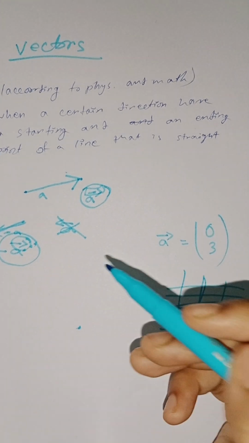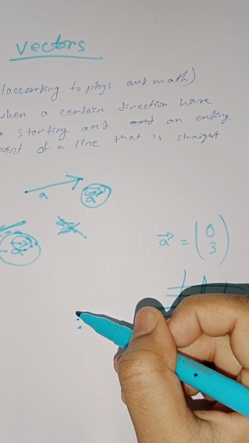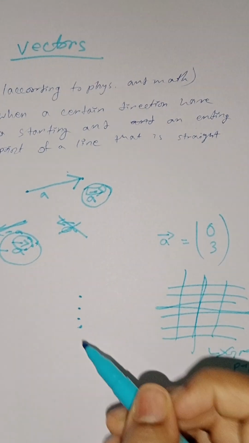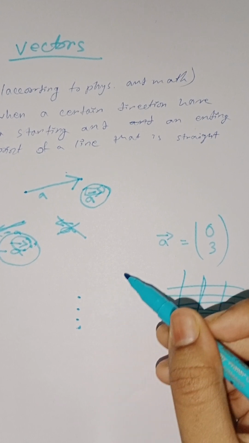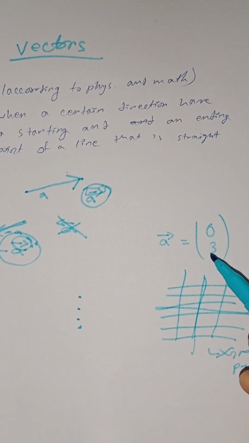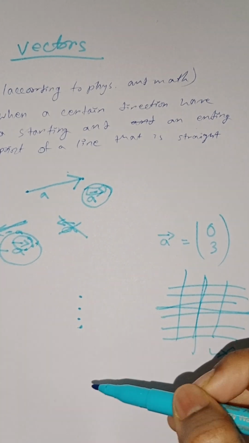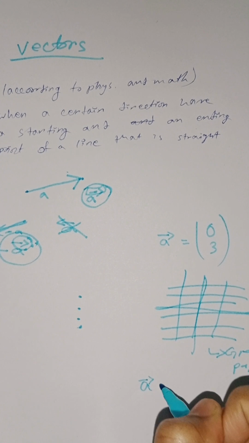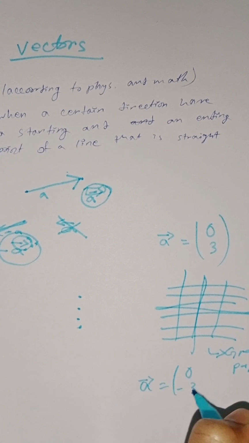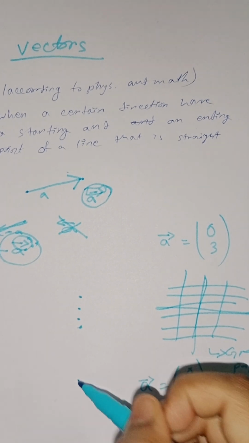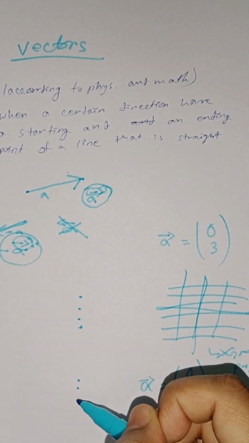Okay? So from 0, we go up 3 times. 1, 2, 3. This is our 0, this is our 3. Now you might be asking why the 3 dots go up and not down? Well, it could have gone down if it was 0 and minus 3. So when it was 0 and minus 3, this is 0 from here, then 1, 2, 3 going down.